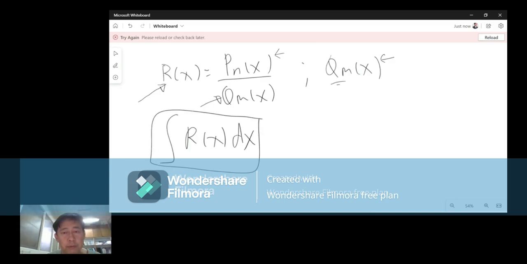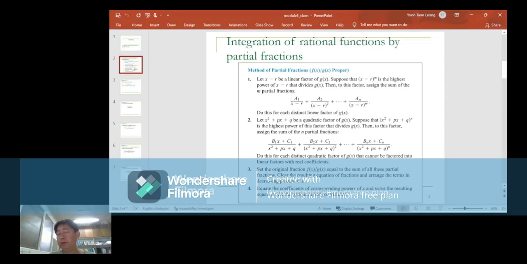In order to use the method of partial fractions to integrate a rational function, you have to learn the rules of how to express the rational function into the form of a partial sum. The rule of expressing a rational function into the partial sum is expressed in these slides.